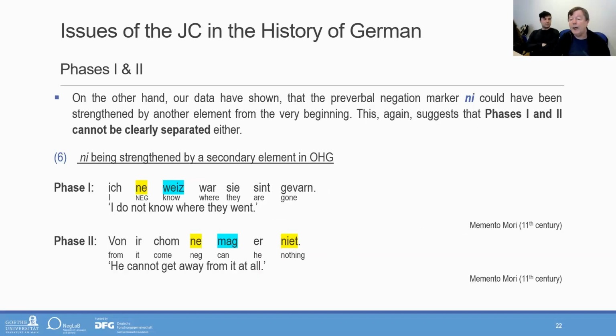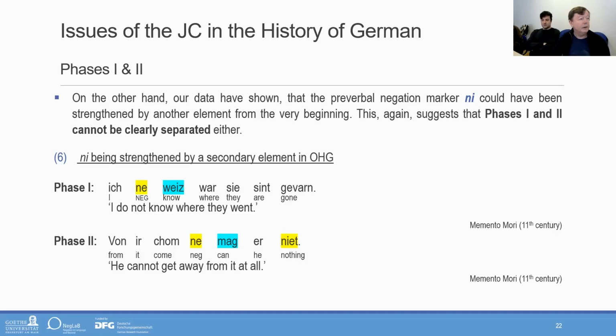On the other hand, our data have shown that the preverbal negation marker ni could have been strengthened by another element from the very beginning. And this suggests that phase 1 and phase 2 also cannot be clearly separated.